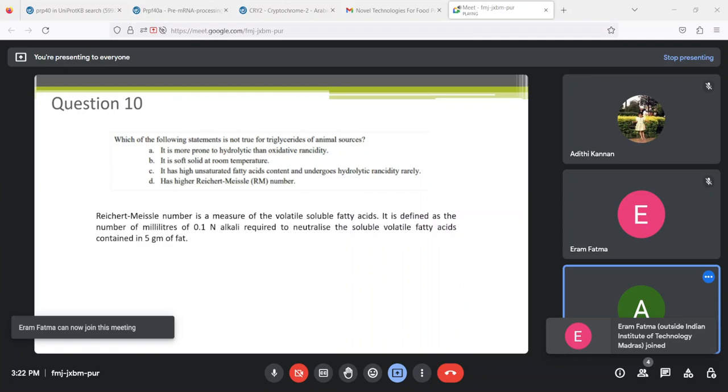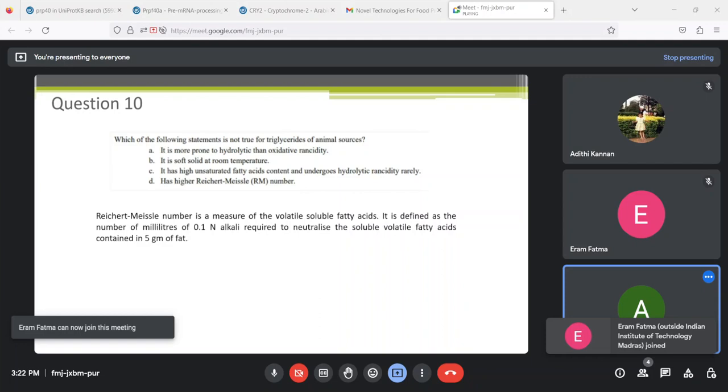Let's say if you have only one hydroxyl group replaced, it is known as a monoglyceride. If you have two hydroxyl groups replaced, it is known as a diglyceride. And if you have three replaced, you have a triglyceride. In all these mono-, di- and triglycerides, you will have a glycerol backbone that is common. The only thing that will be different is the kind of acyl residue and the location of the hydroxyl group where it has been substituted or esterified.